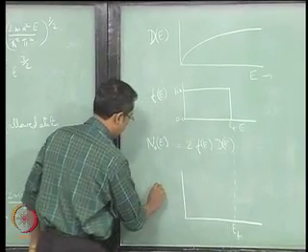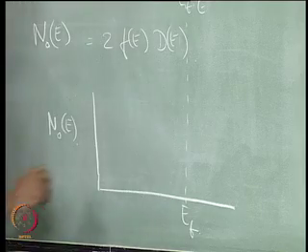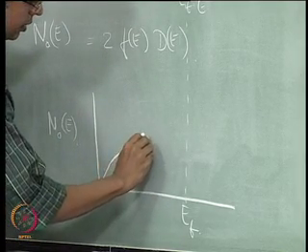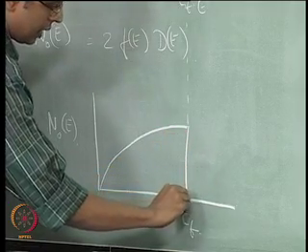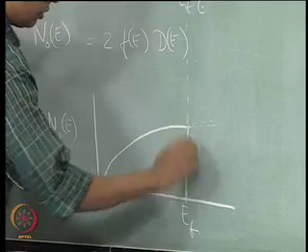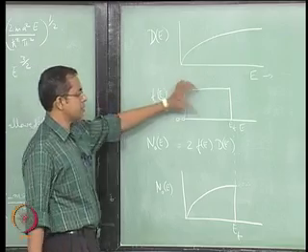So this is n occupied of E. It will start off like this, go up to this, drop down to 0 and stay that way. So this picture has been drawn at 0 Kelvin.